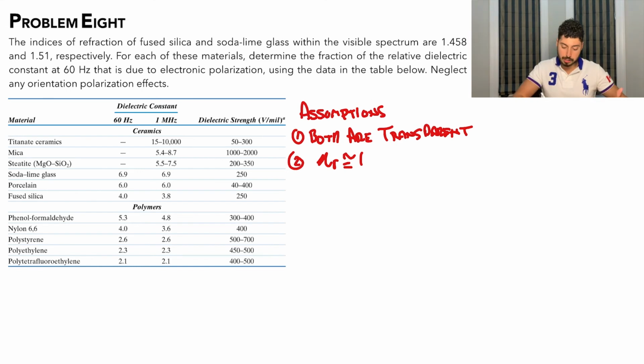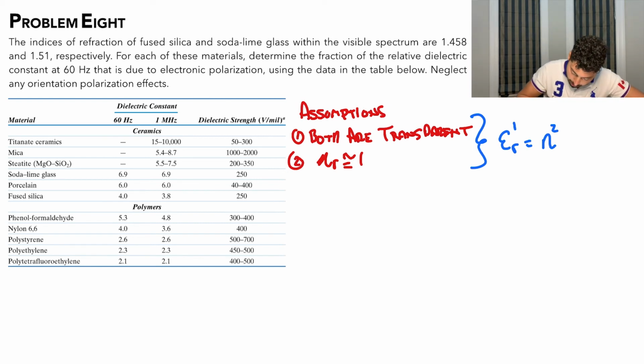So with these two assumptions, we can now say that our dielectric constant is equal to our index of refraction squared. So now all we have to do is find our dielectric constant for both of our materials and then determine the ratio.